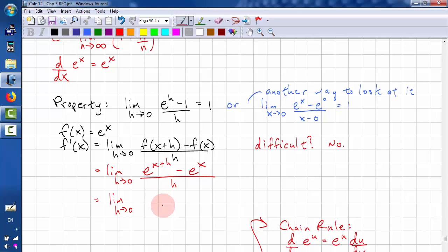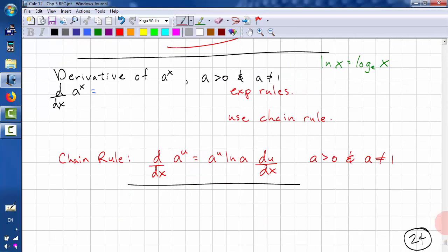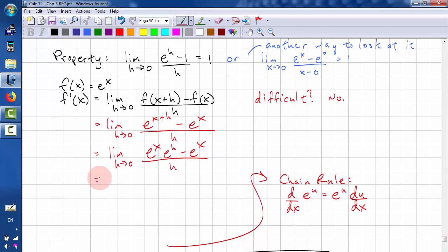So limit as h goes to 0, (e to the x times e to the h minus e to the x) all over h. We can see that e to the x is a common factor, so we're going to factor that out. Limit h goes to 0, e to the x times limit h goes to 0, (e to the h minus 1) over h.